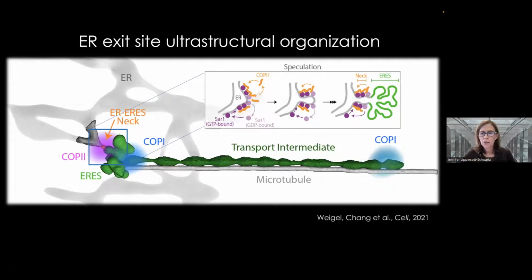What our data is suggesting is that this COP2 cycle of binding and dissociation could be coupled to a membrane sorting process that, if it's robust enough, leads to the creation of this elaborate membrane outgrowth that the continual binding and dissociation cycle of COP2 would stabilize.